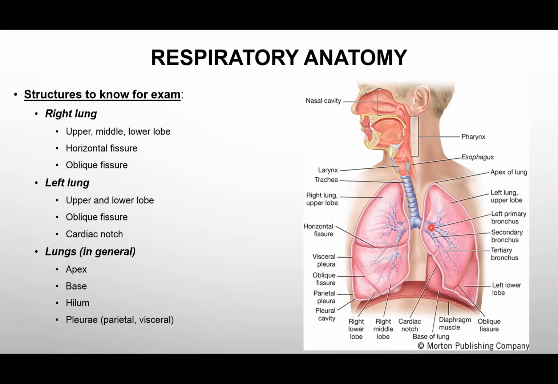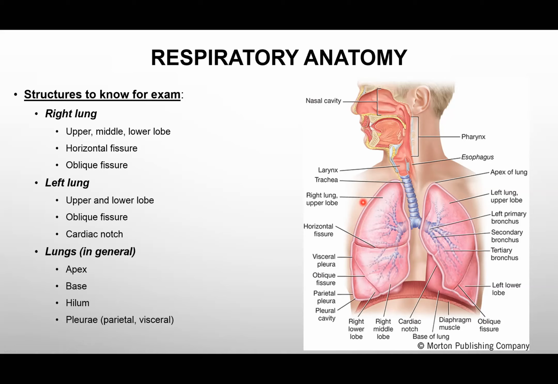So we have the parietal pleura and the visceral pleura. The visceral pleura is kind of like saran wrap. It's directly touching the lungs. And then there's a little space in between. And then you'll have the parietal pleura, which is kind of like a Ziploc baggie.